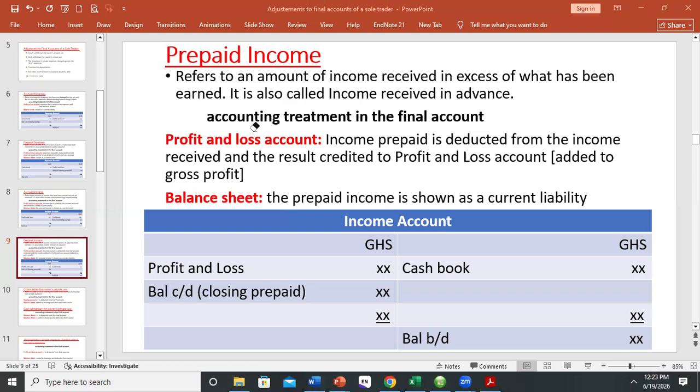The person gave you 300 cedis, and you, Abeku, have produced the shoe which is 200 cedis to the person. My question to you is, when you are preparing your account, how much will you show as income you have made on selling the shoe? Are you going to put in 300 or 200?